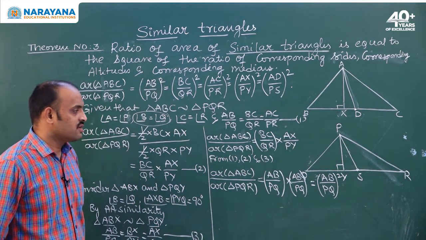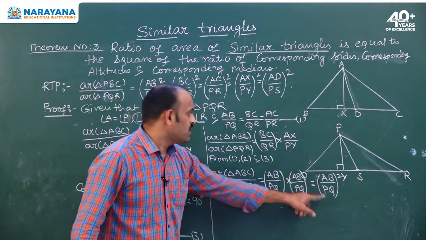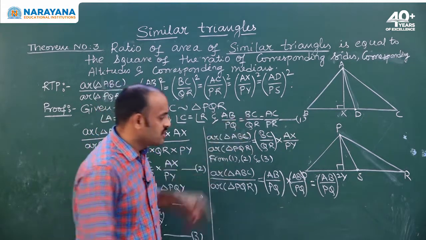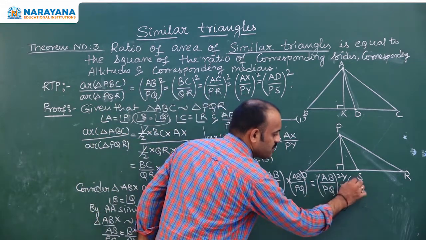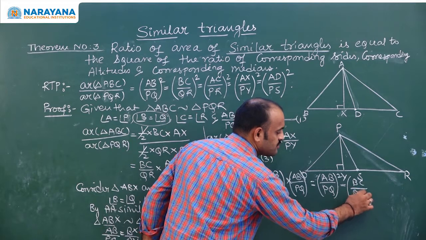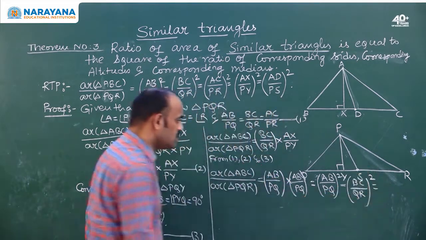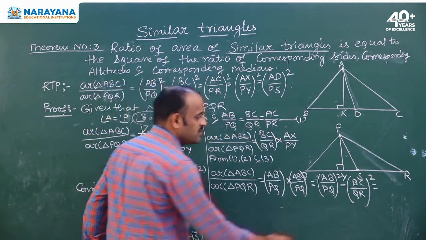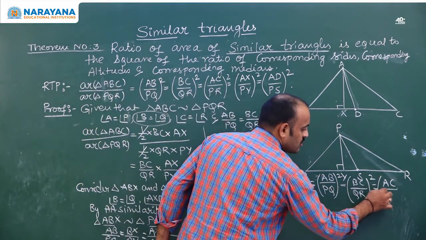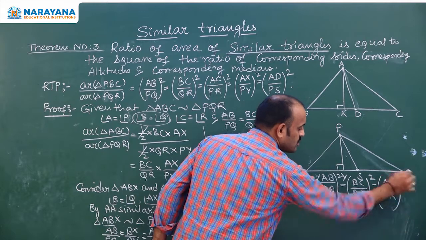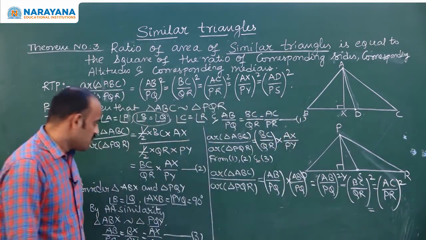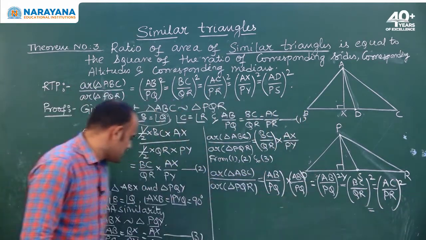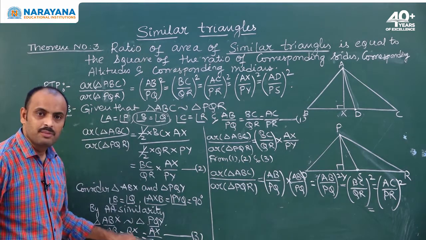From equation 1, we know that AB by PQ means BC by QR. Therefore, BC by QR whole square, which means AC by PR whole square, and we know that AB by PQ means AX by PY.